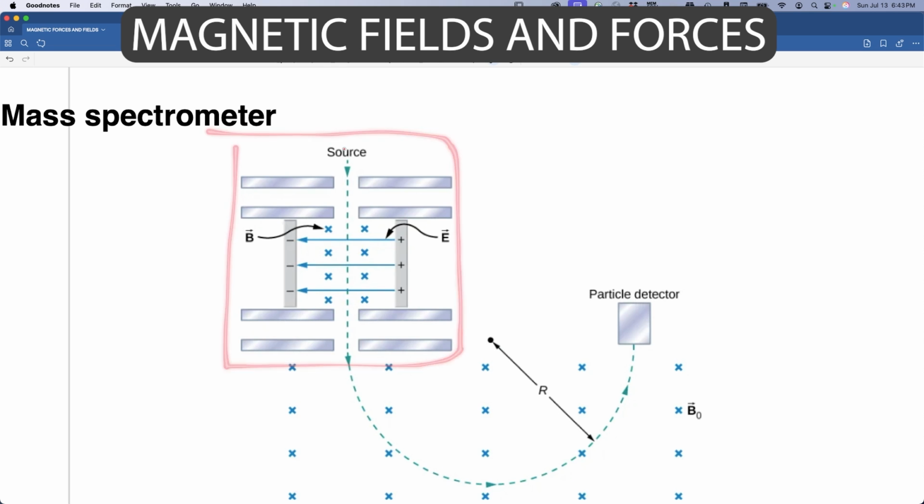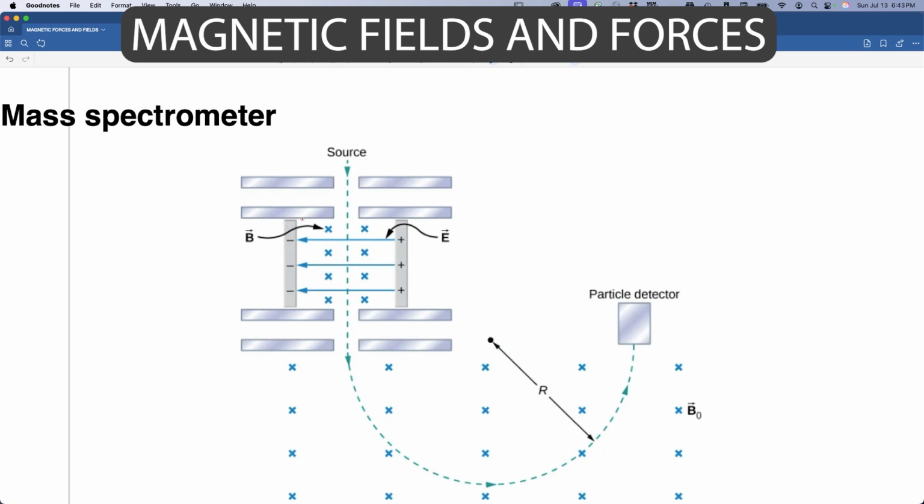Let me explain. So you have a source from which all of the isotopes of this material are coming in through two slits. As you can see, these are passing through two slits. So you confine them into a narrow beam.